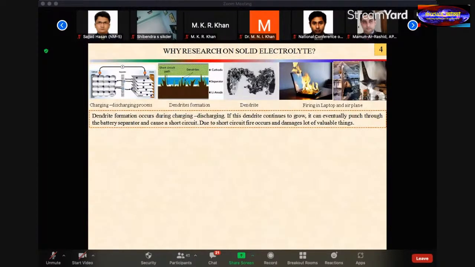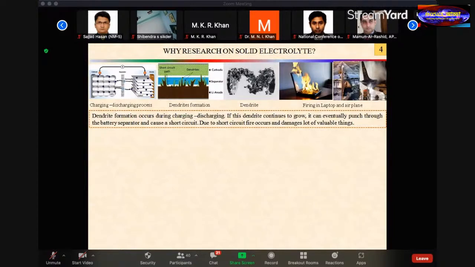First of all, during the charging and discharging process, in the case of liquid electrolyte materials, there is dendrite formation. When charging and discharging occurs, the lithium ions deposit on the lithium part. As a result, the dendrite formation occurs, and if it continues from anode to cathode, then firing occurs.